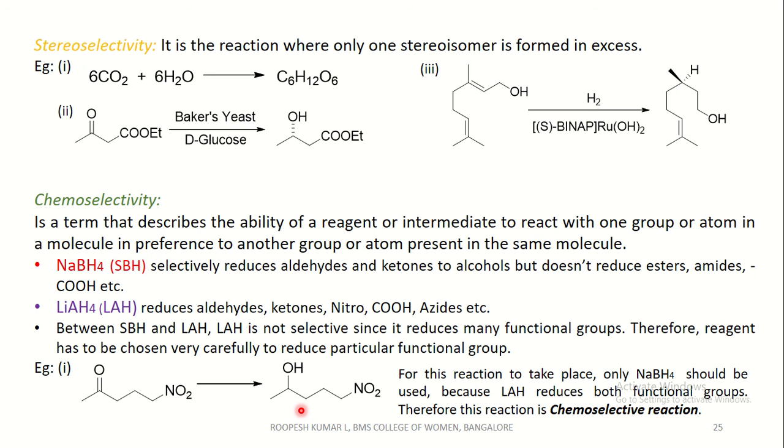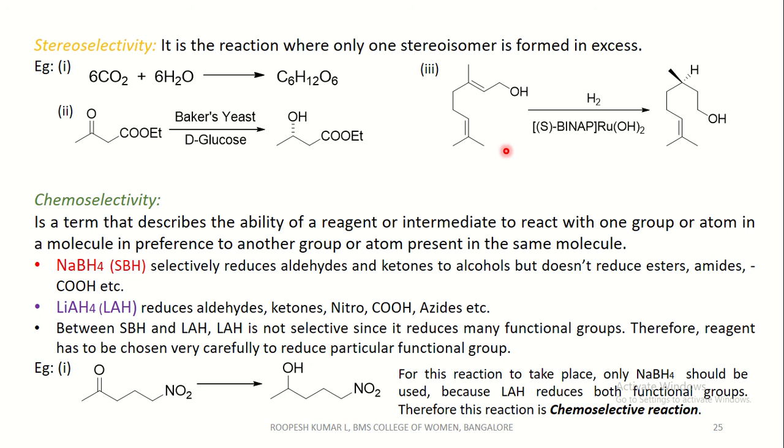Coming to stereoselective, it is a reaction where only one stereoisomer is formed in excess. That is, 6 molecules of carbon dioxide react with 6 equivalents of water to form glucose, whereas this ketoester in the presence of baker's yeast and glucose forms exclusively a single isomer, that is, the ketone is reduced to an alcohol.